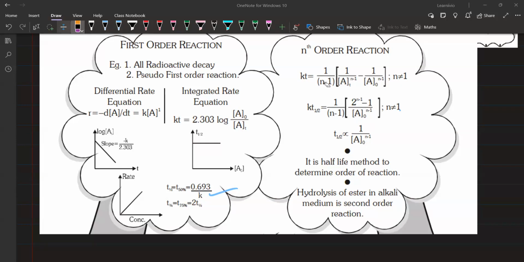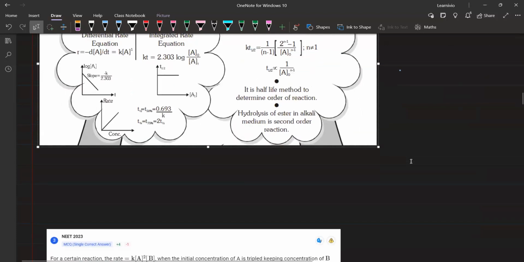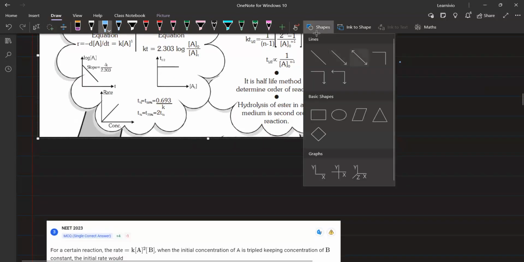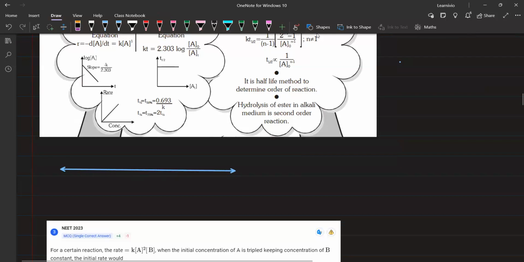So what I was trying to say regarding the 75% part is, please see. For a first order reaction, let us suppose you have something like this. This is the total time taken, from 0 to 100%.